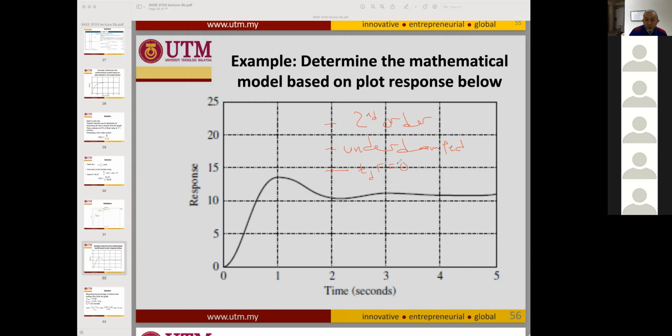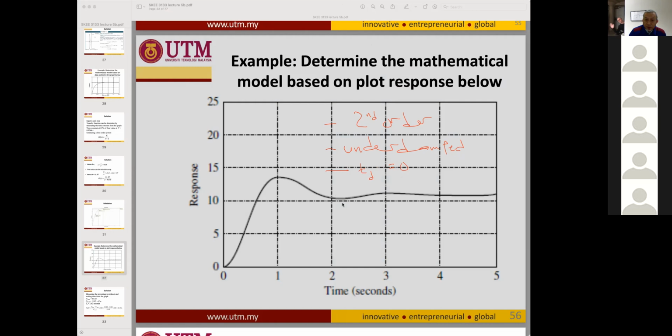Time delay 0. What else? Second order underdamped, time delay 0.